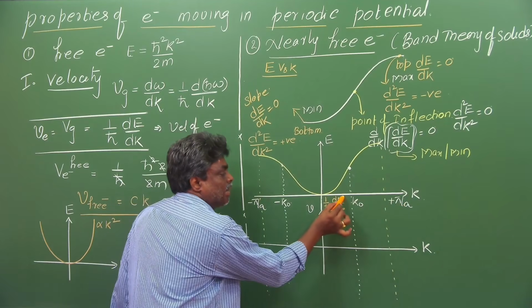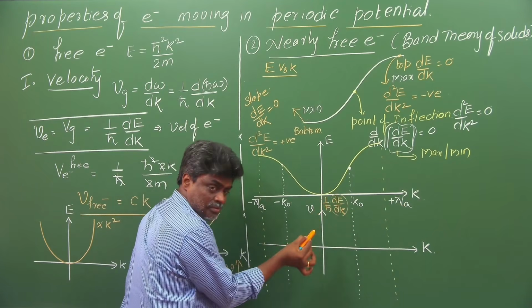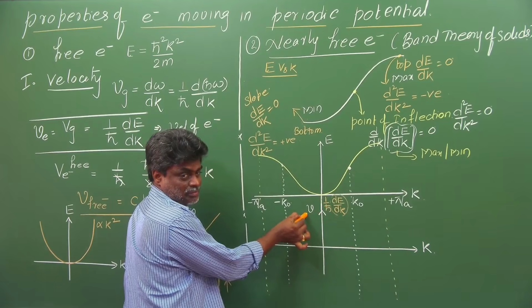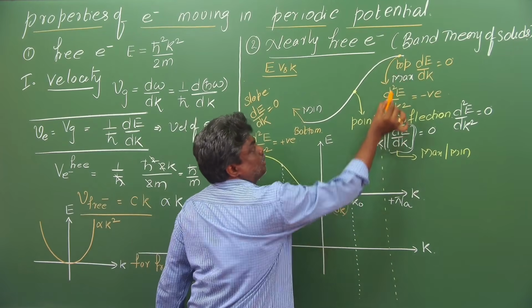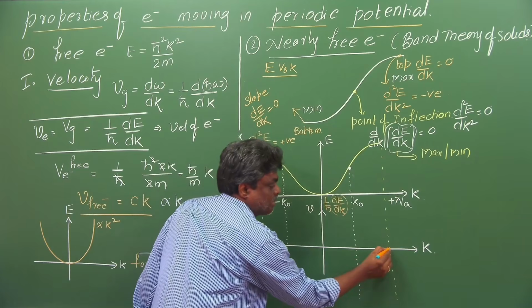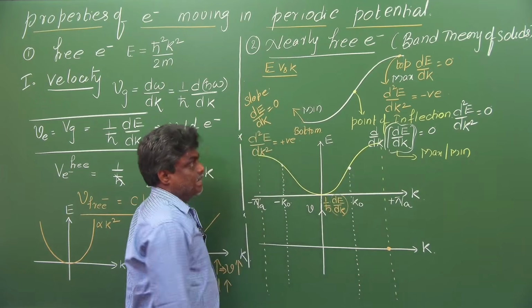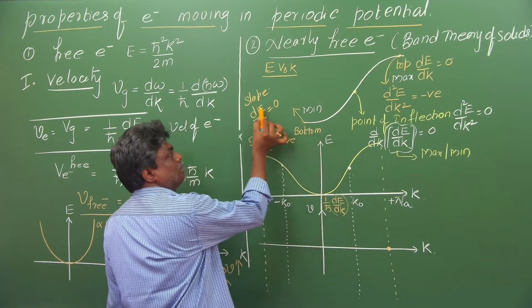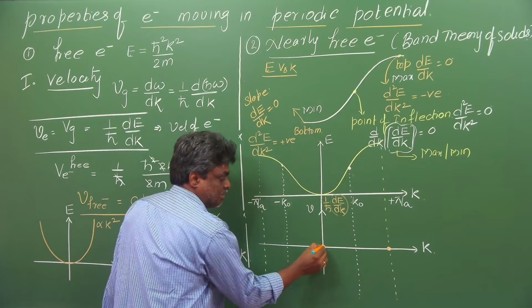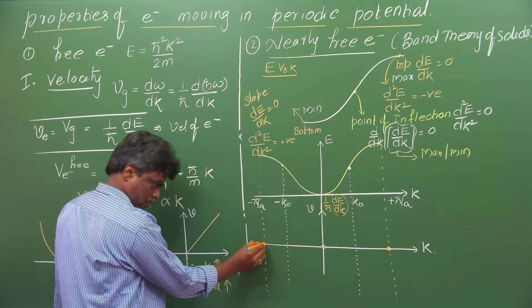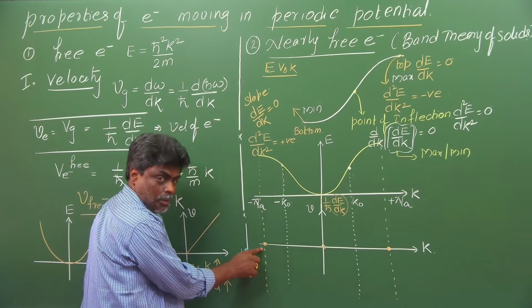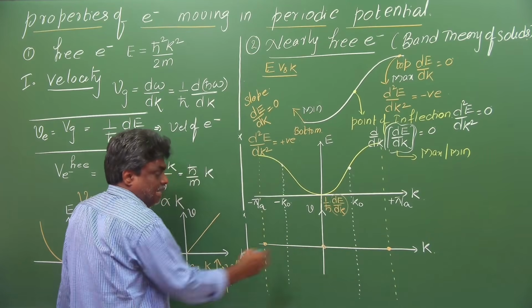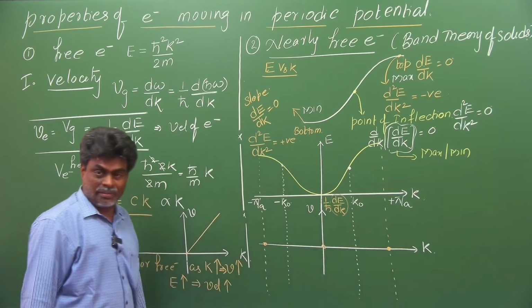So wherever the slope is 0, there the velocity is 0. Say yes or no? Now at the top the slope is 0, that's why the velocity is 0. Next, at the bottom the slope is 0, that's why the velocity is 0. Clear? But this is the negative k and that is the positive k.